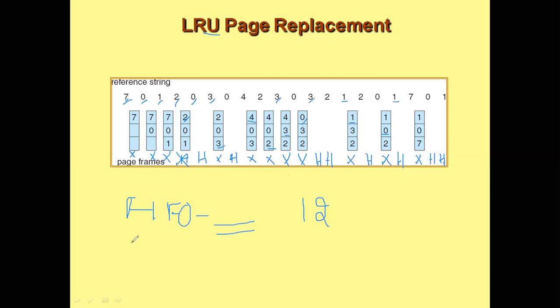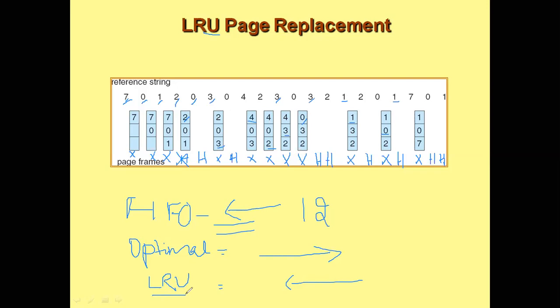In optimal, you replace the page that will not be used in the near future, that is, you need to go to the right. In LRU, which is a different version of FIFO, you need to scan to the left, but you also consider the page hit pages. That's it.